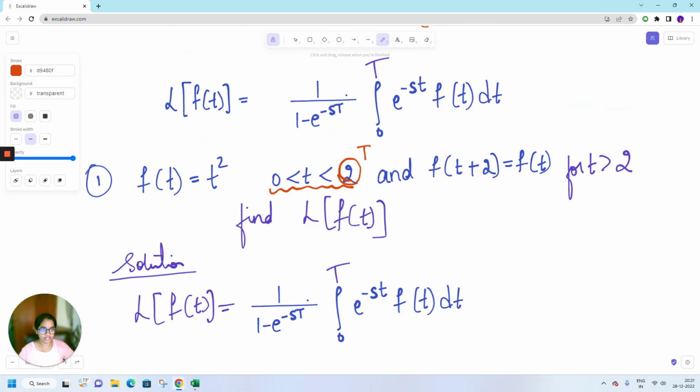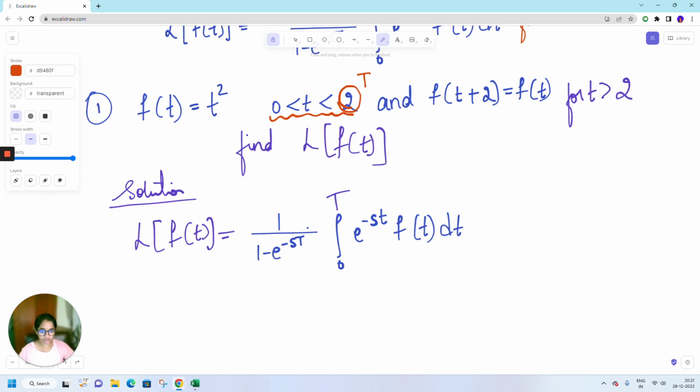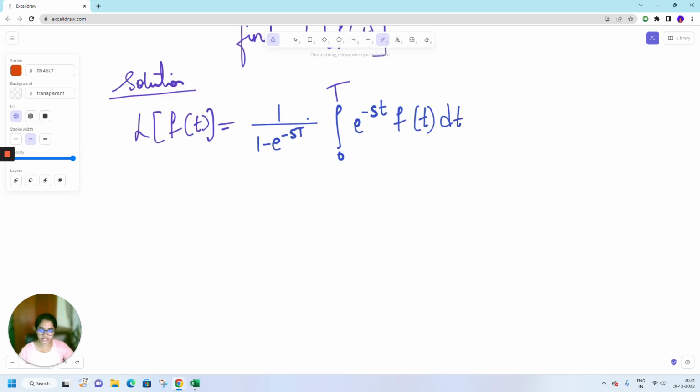Here you write for 0 less than t less than capital T. So now let me take T value is 2 and substitute in the formula. I would get 1 by 1 minus e power minus 2s, integration from 0 to 2 of e power minus st.